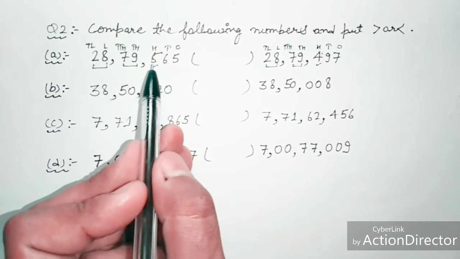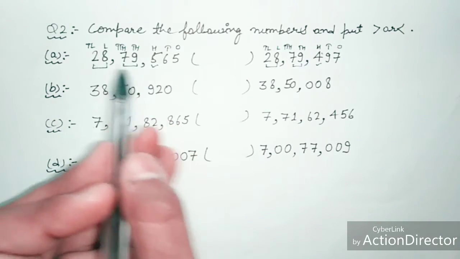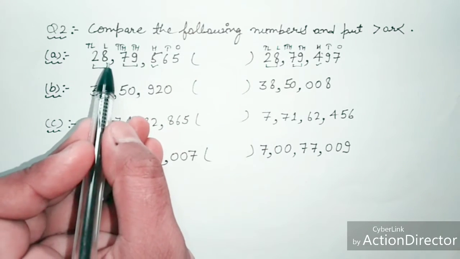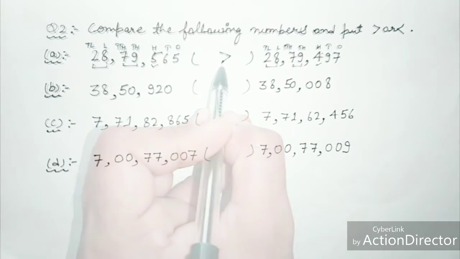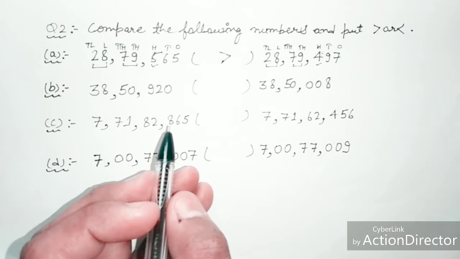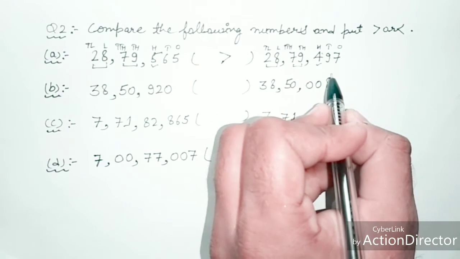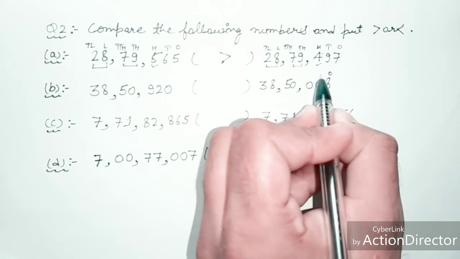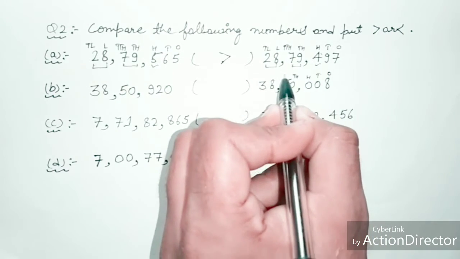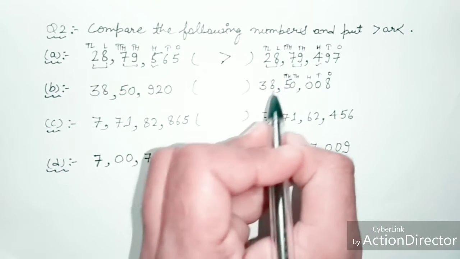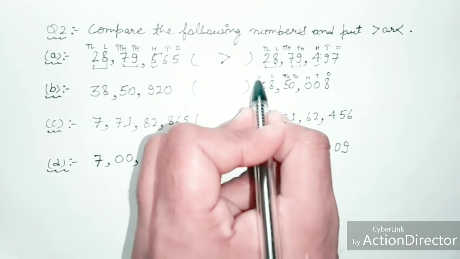So the greater number is 5 here. So the greater number is 28,79,565. Now here we again write place values of these numbers: ones, tens, 100, 1000, 10,000, lakh and 10 lakh.